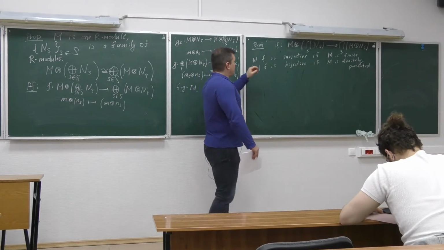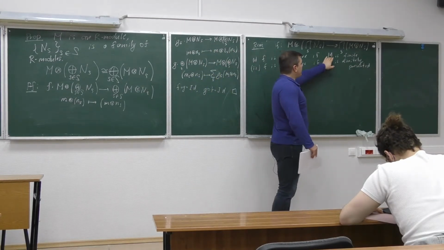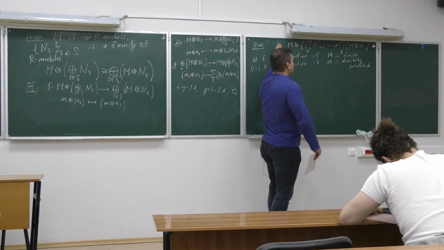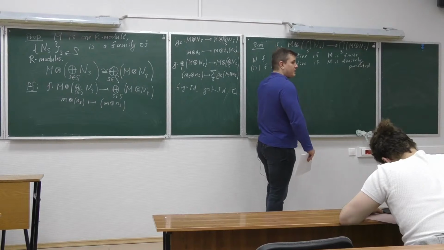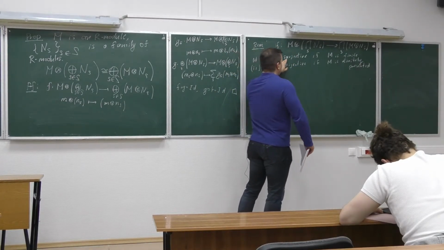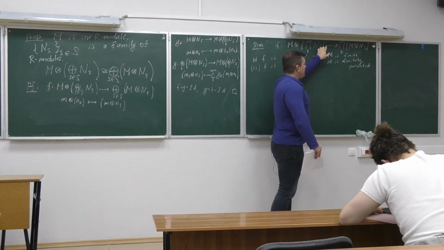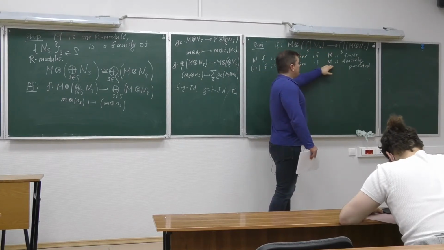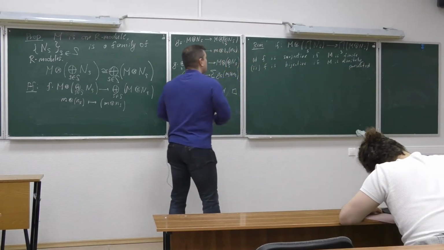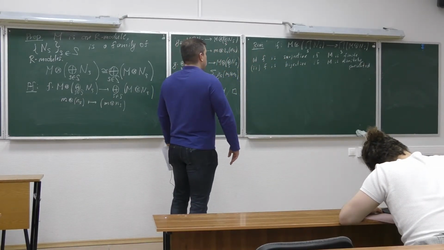For example, take M which is not finite and try to construct a map which is not surjective and also not injective. Or another exercise: take M which is finite, so then you have a surjective map, but this M is not finitely presented, so this map won't be injective. So these are all the things that we can do. Maybe some of them we will do in the seminar.